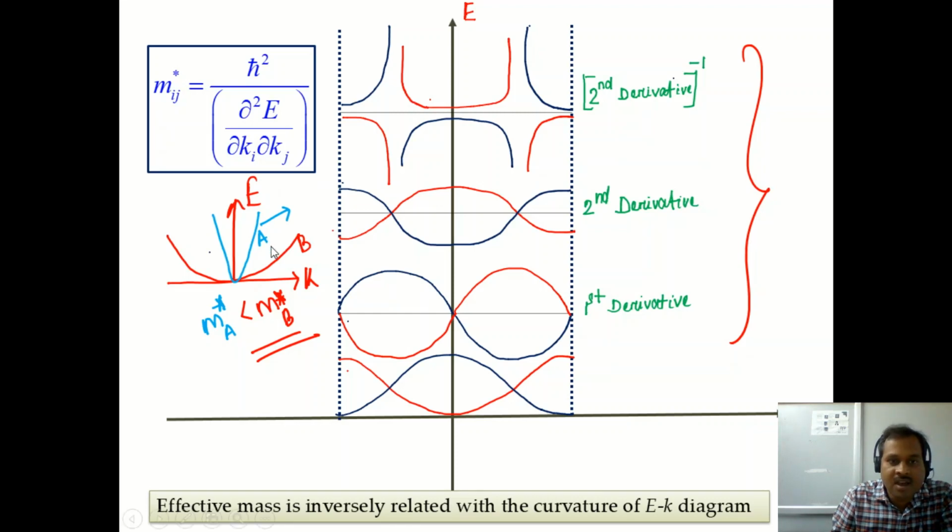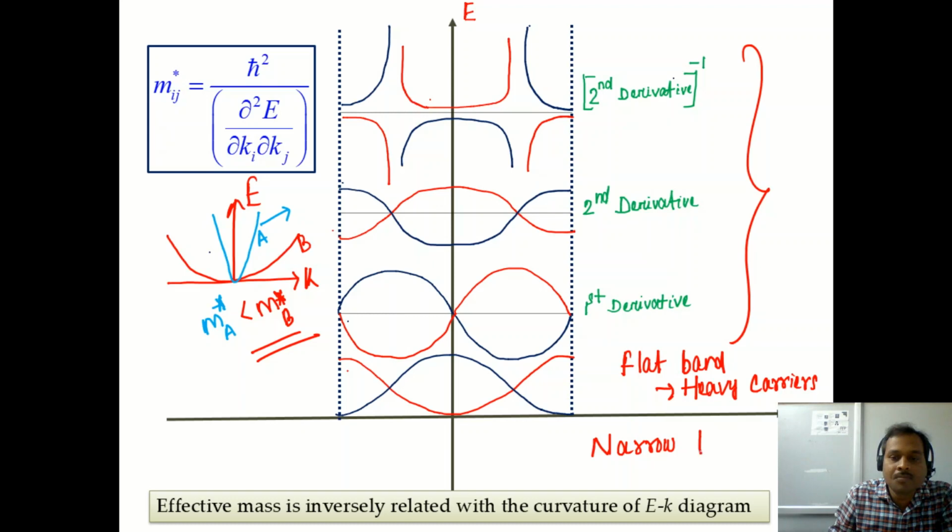Narrow bands are associated with lighter charge carriers, whereas the flat bands are associated with the heavier charge carriers. So flat bands are heavy carriers and narrow bands are having lighter charge carriers.